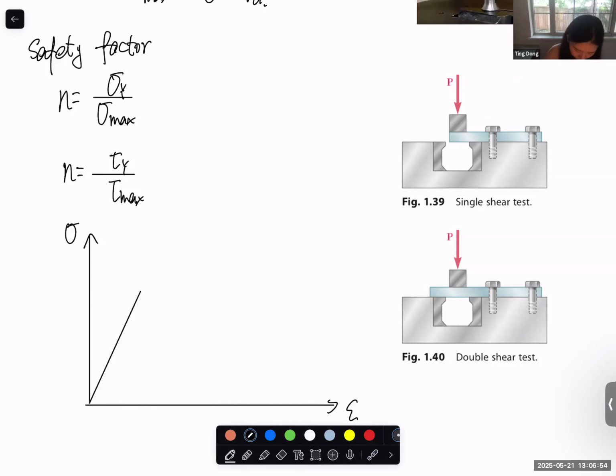And then 2% offset plastic deformation is considered as yield strength, and then ultimate strength and breaking. I'm really horrible at drawing this. So let's say this is the point where it breaks, and this is the maximum sigma, the ultimate strength.